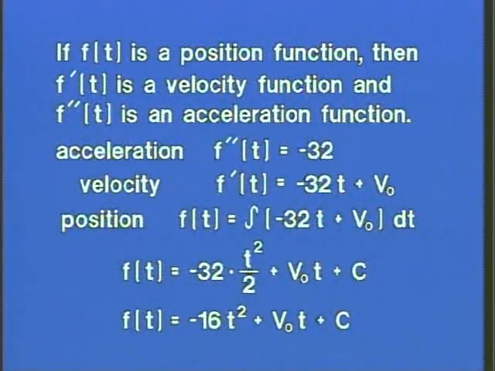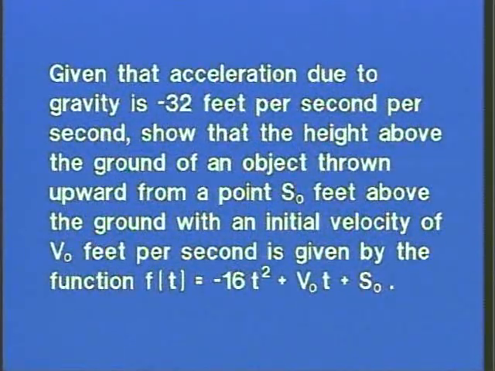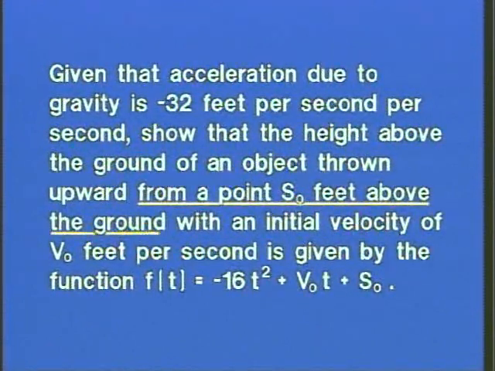Now we'd like to do something about the c. We'd like to examine the problem and figure out what we can replace c with. And remember that from the original problem, there's something I want to point out to you here. It says from a point s0 feet above the ground. So the whole problem is starting at this initial point. Kind of like initial velocity, this is an initial position, and it's the position when no time has elapsed.